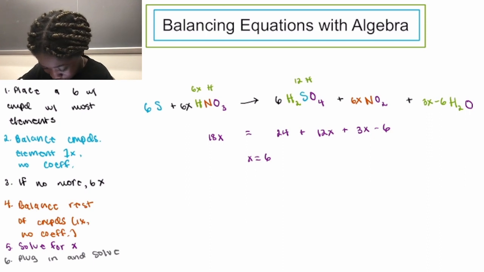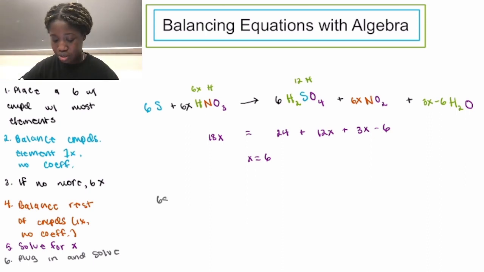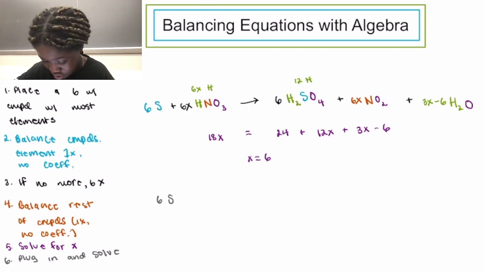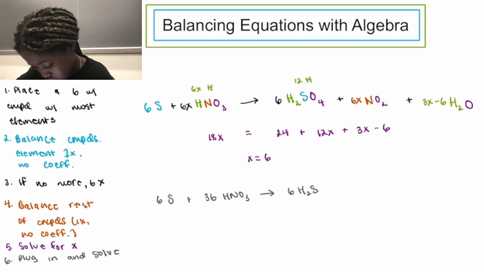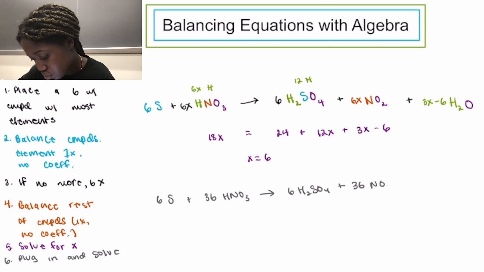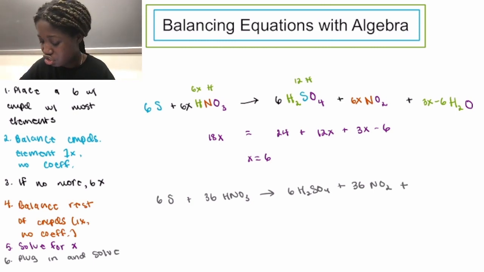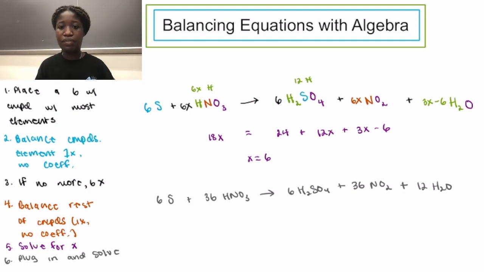So we will have 6s plus, let me rewrite that, 6s plus 36HNO3 going into 6H2SO4 plus 36NO2 plus 12H2O.